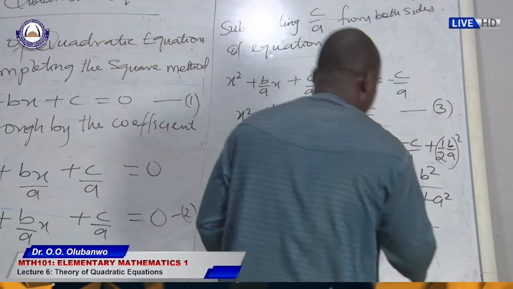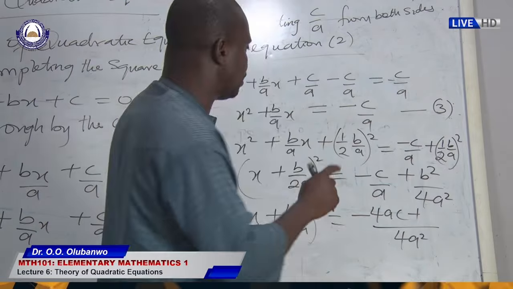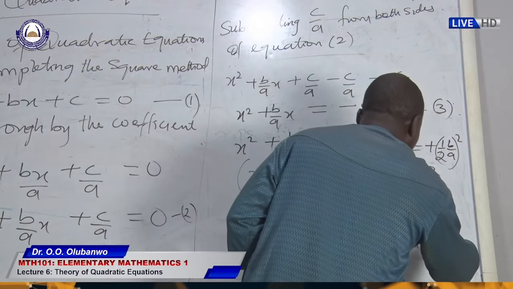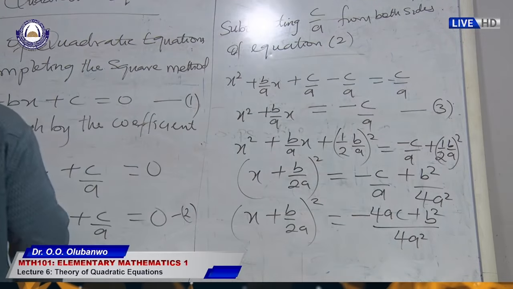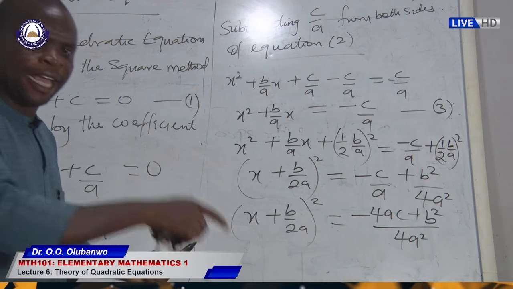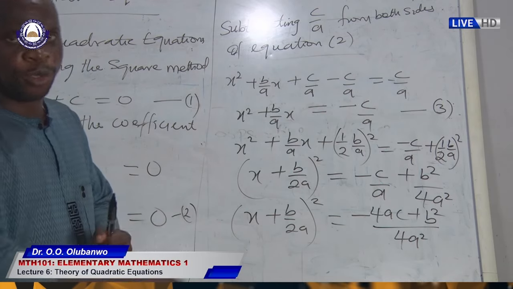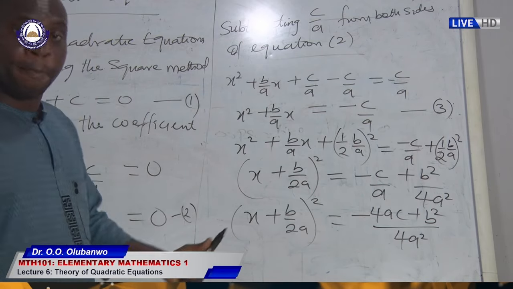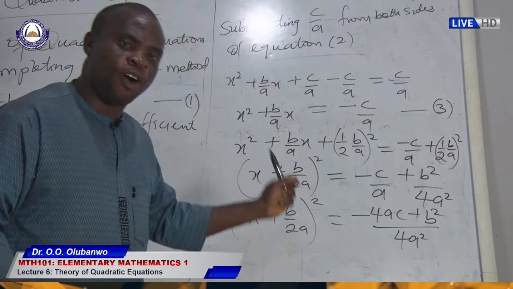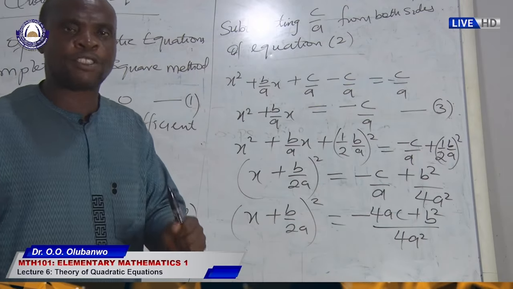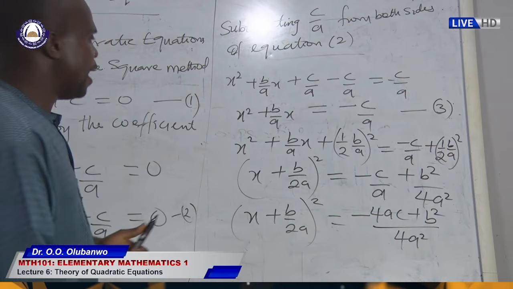Then plus, now 4a squared over 4a squared gives us 1. So 1 times this square gives us b squared. When you look at this critically, if I have minus 4ac plus b squared, I can write it as b squared minus 4ac. It is mathematically true.